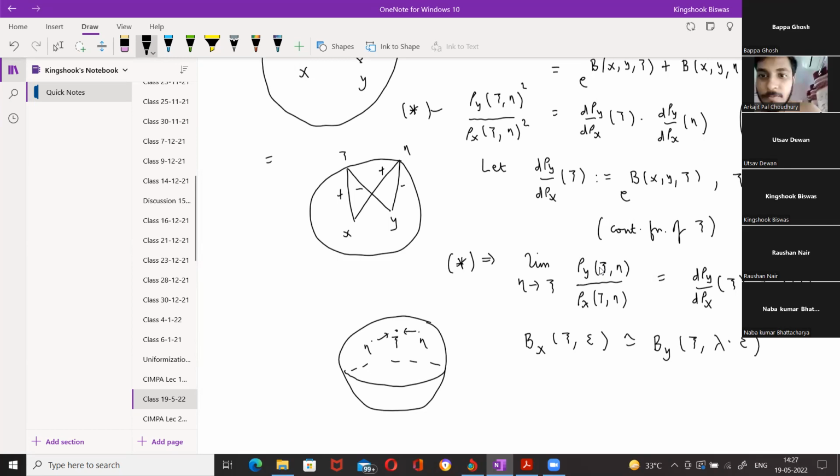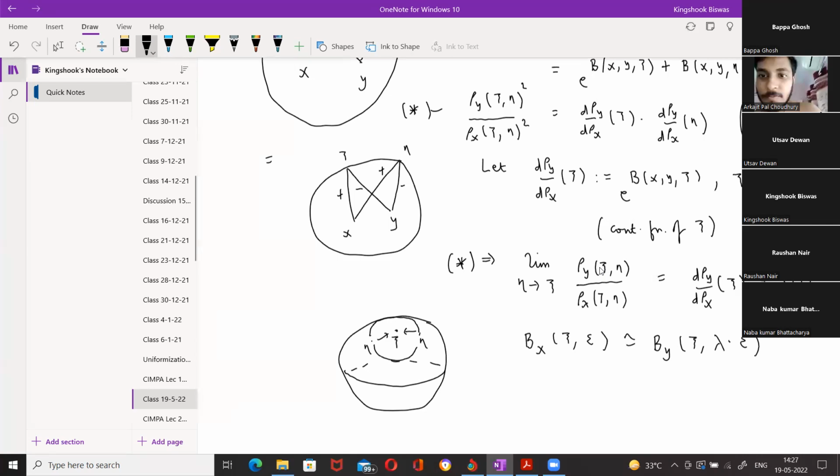Yes. Okay. So in other words, if I look at very small balls or small spheres rather, then in the limit, you can think of saying that these two metrics have the same infinitesimal spheres.